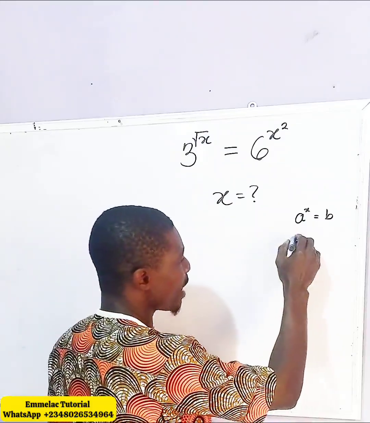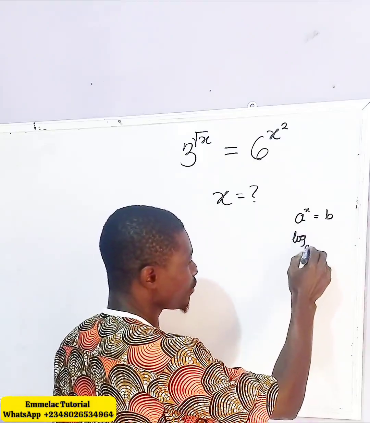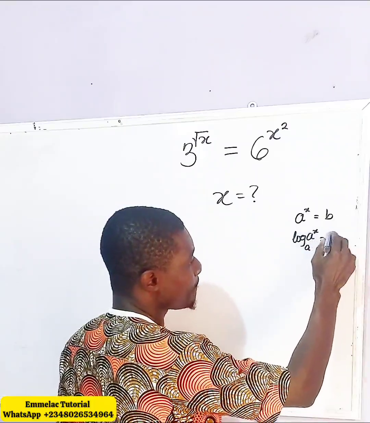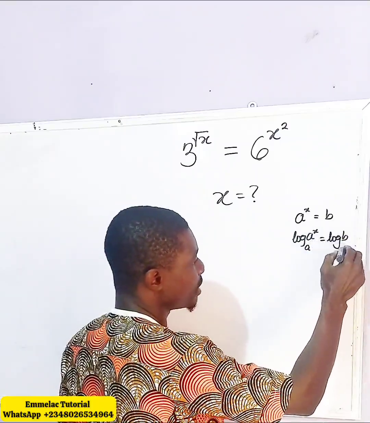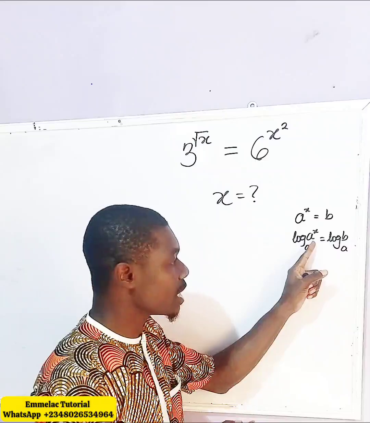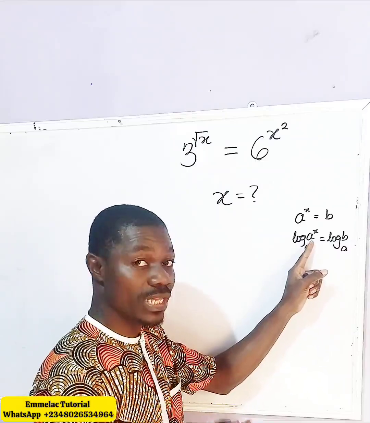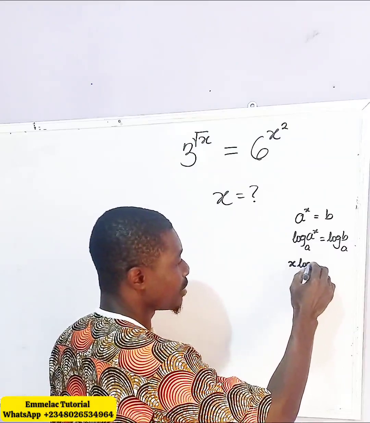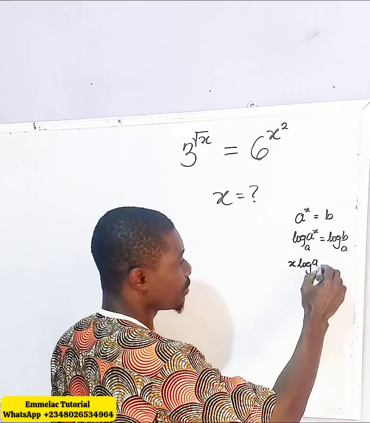So if I apply log base a to a raised to the power of x, and the same thing here, log b base a, I have undone this a by doing this.